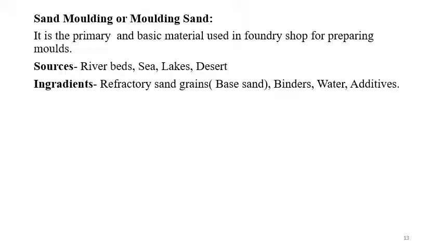Before using the mold box, you take the base sand, then mix some percentage of binders, additives, and water. The base sand is nearly 80 to 90%, and the remaining 10% you mix with binders, additives, and water in the muller.